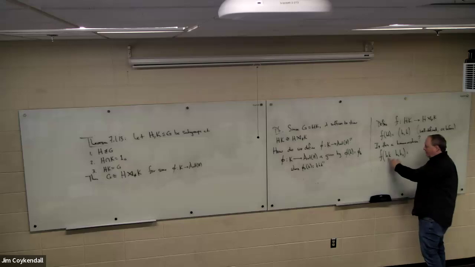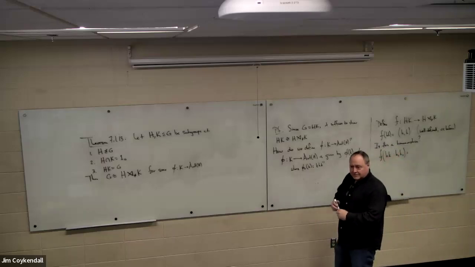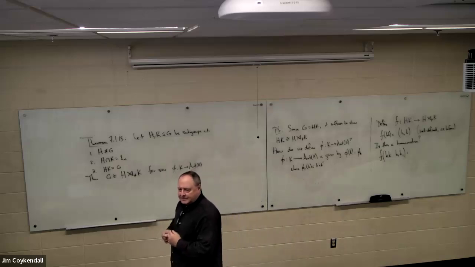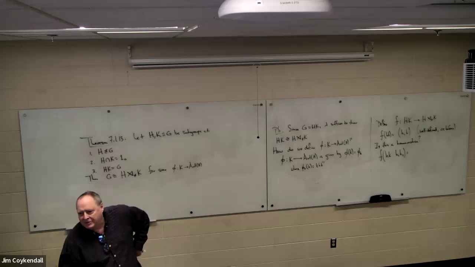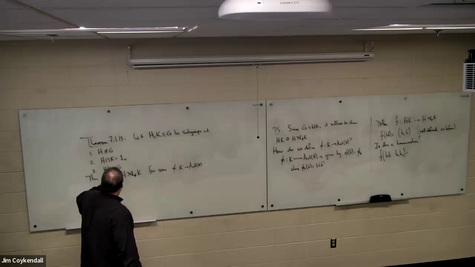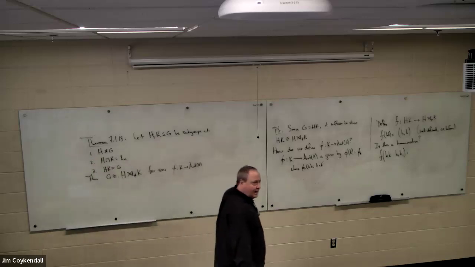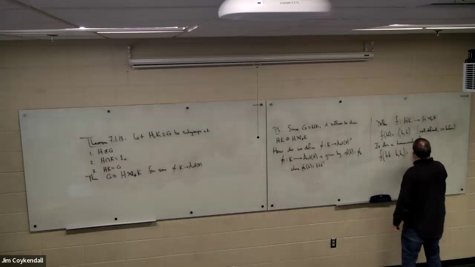And look what I've got here. I've got an hk and then an h and a k. Oh dear, what will I do? There's one piece of leverage that I haven't used yet, and that is the normality of H, right? But let me write this more grammatically.